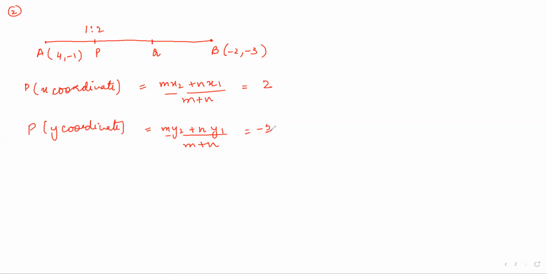Yes, it's right. So you will write that therefore the coordinates of P are like 2 and -5/3. So complete the sentence.